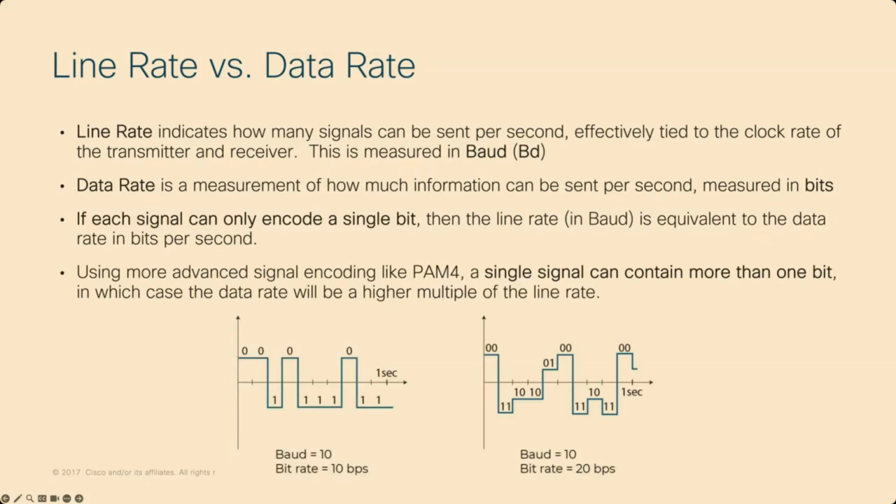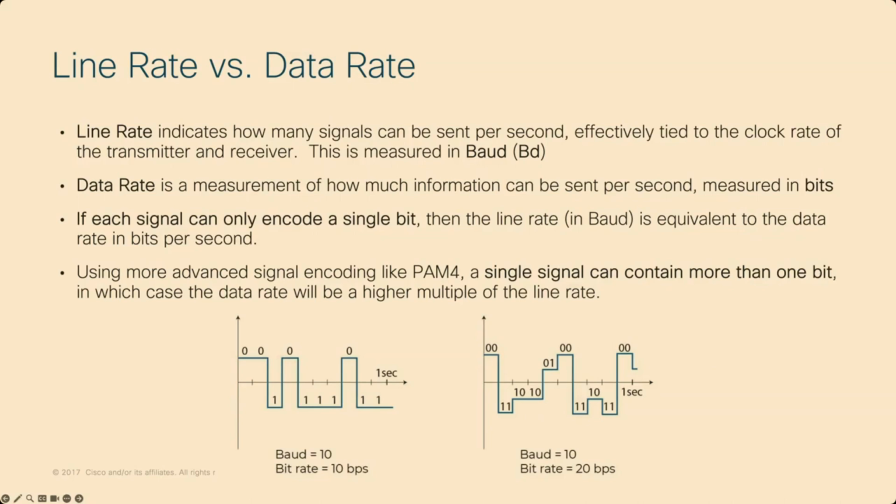If, however, I can encode that signal differently, so let's say I use something called pulse amplitude modulation, 4-way pulse amplitude modulation, or PAM4, then what I can do is actually encode 2 different bits in every signal. So I have, let's say, 4 different levels of voltages.